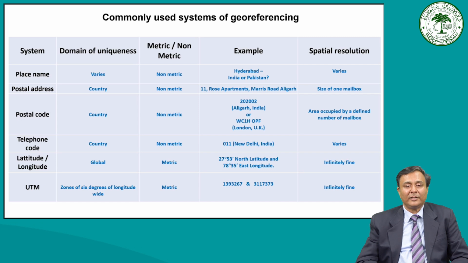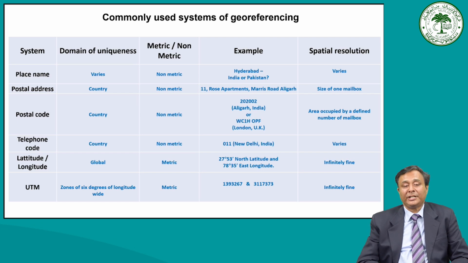Whereas latitude and longitude, I would say that they are unique, and the resolution is also very fine if we move ahead with the digits after the decimal. So when we deal with the decimals within the coordinates, the spatial resolution becomes infinitely fine.